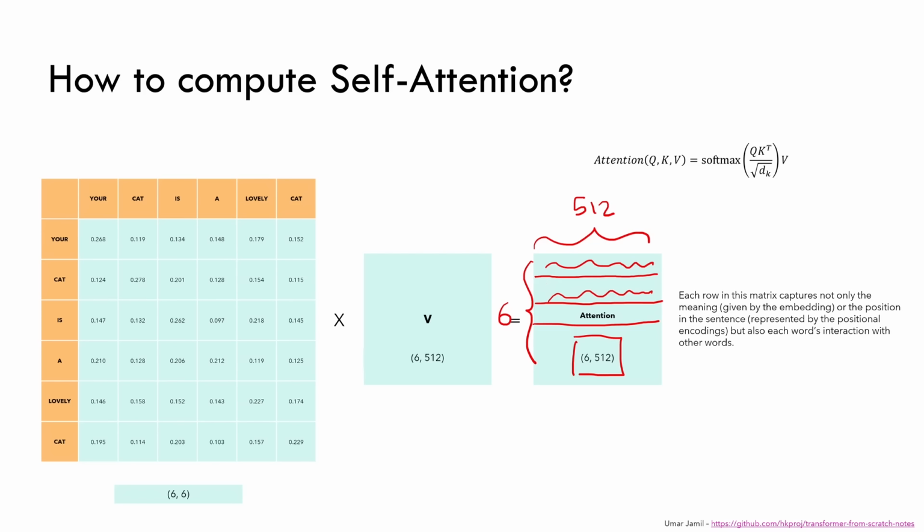I want to remind you that this is not the multi-head attention, we are just looking at the self-attention, so one head. We will see later how this becomes the multi-head attention.